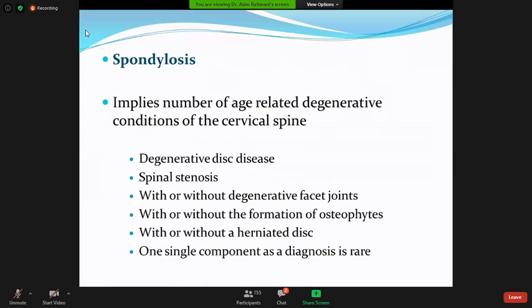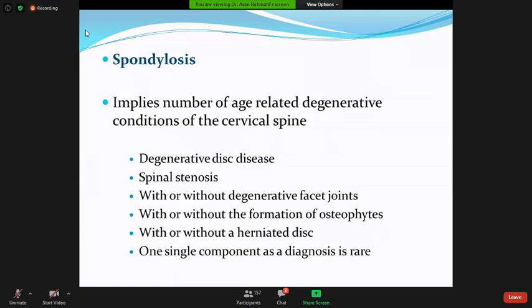Now, the most common degenerative cause of compressive myelopathy is spondylosis, mainly cervical spondylosis. Spondylosis is basically a term for the combination of degenerative changes in which there is degeneration of the disc, spinal stenosis, degenerative facet joint disease, formation of osteophytes, or a combination of all.